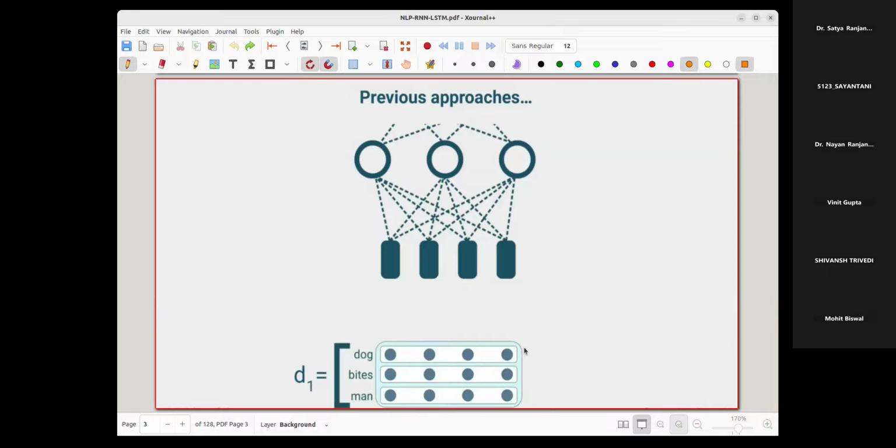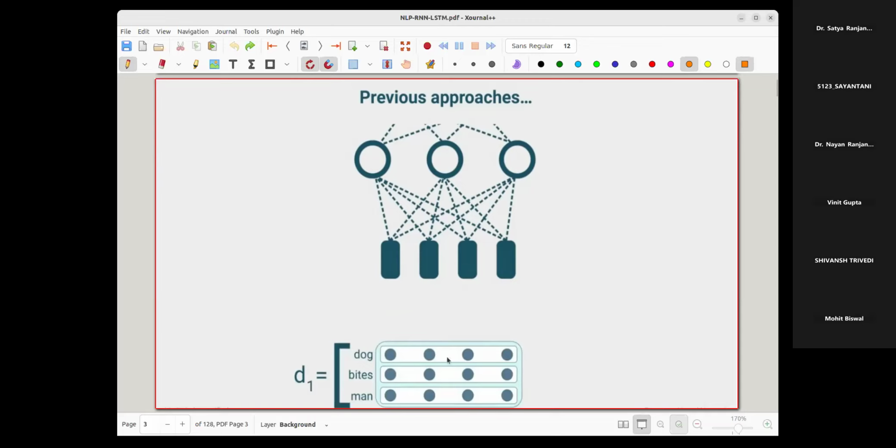Once we have the vectors for every word in the document, let's say D1 is the document and D1 contains three words: dog bites man. Every word is converted into some d-dimensional dense vector, not a sparse vector, and the size of the vector is very limited, between 10 to 500 or 300, whatever you take.